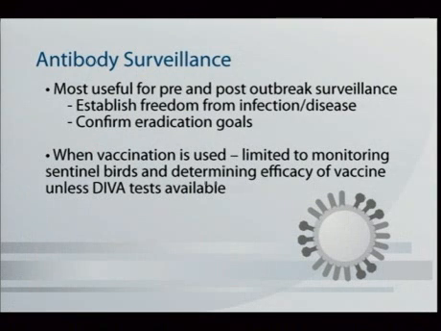However, when vaccination is used, we see limitations on the use of antibody surveillance, and we're pretty much limited to monitoring sentinel birds. These are birds that are seronegative, placed in flocks to determine if there's any circulating virus in these flocks. And also it's important to determine how well the vaccines are working.